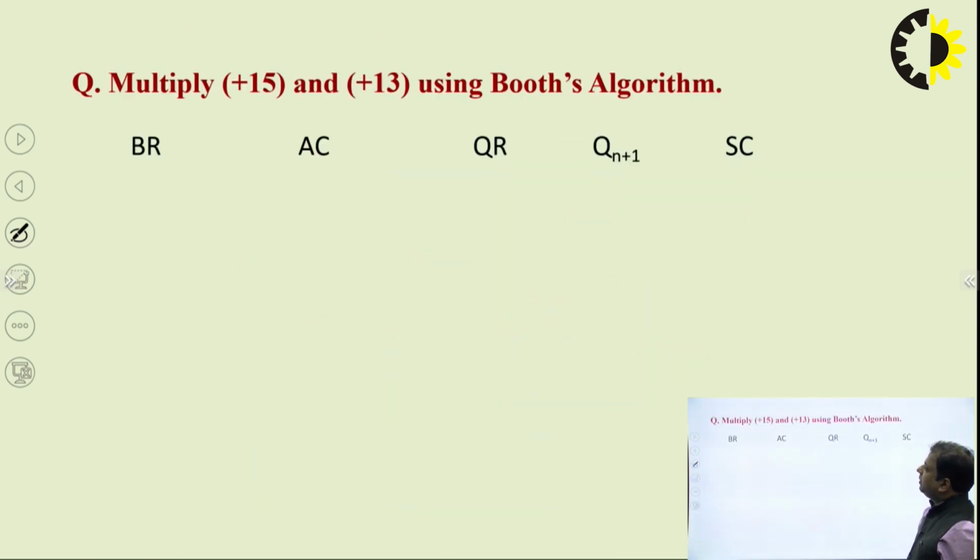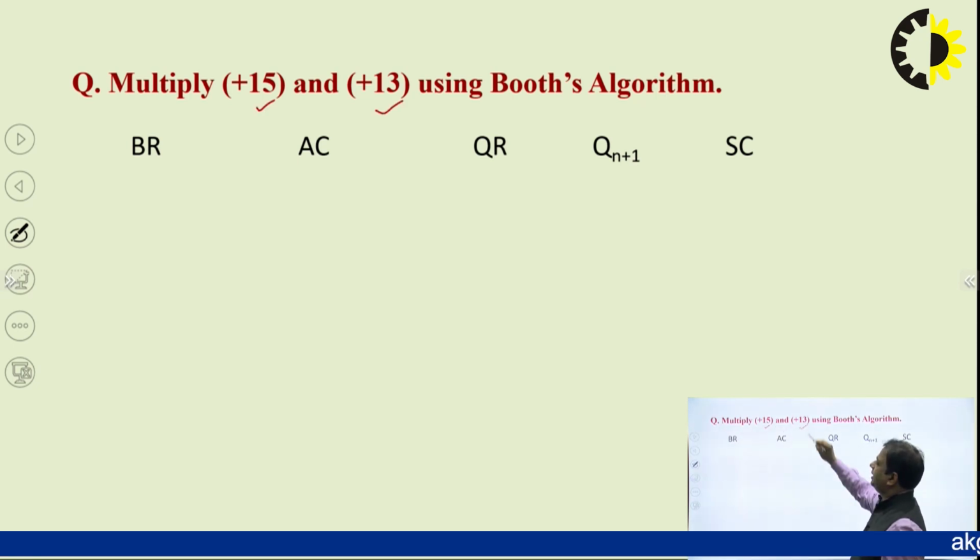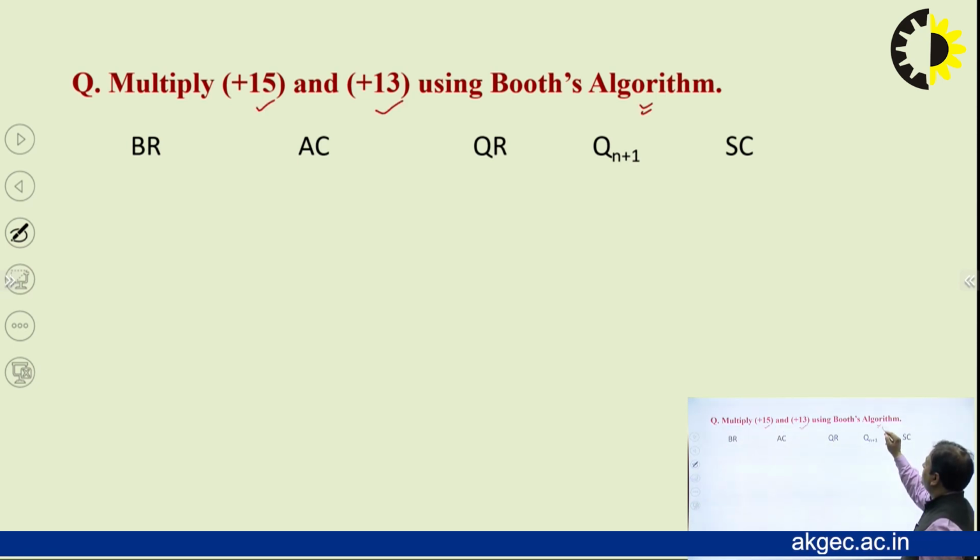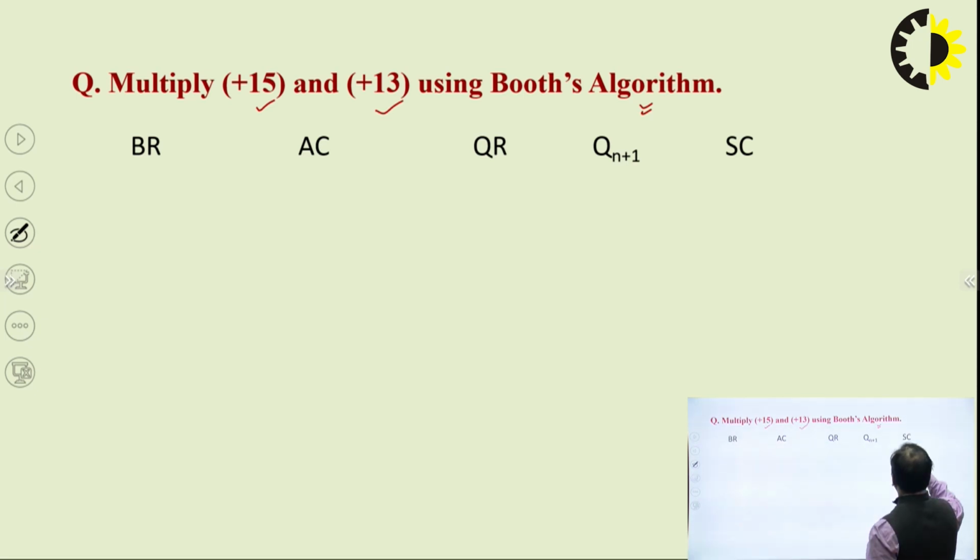So we will understand this with the help of an example. Suppose we have two numbers, plus 15 and plus 13, using Booth's algorithm. To prepare the multiplication with Booth's algorithm, first we compute the value of plus 15 and plus 13 in binary or signed form.